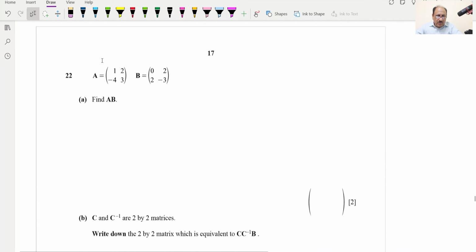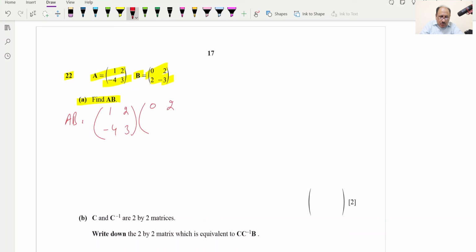Now question number 22, it says matrix A and B are provided. Find AB. AB means multiplication of the matrices. So AB will be equal to what? A is 1, minus 4, 2 and 3, and B will be 0, 2, 2 and minus 3.